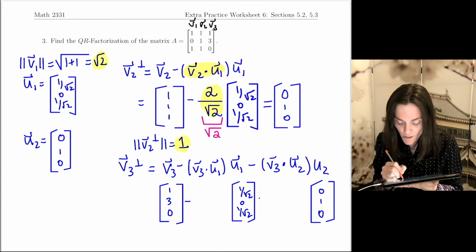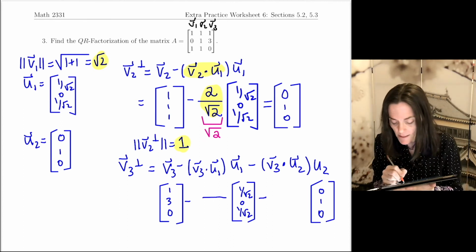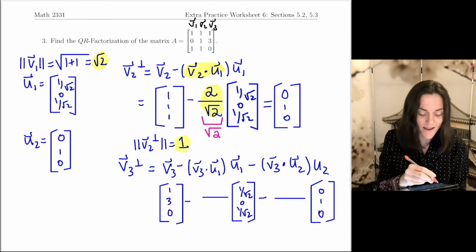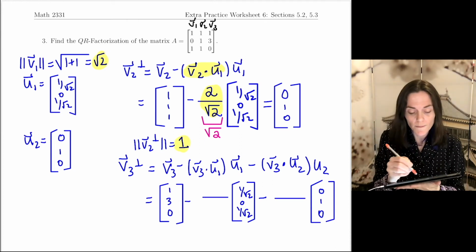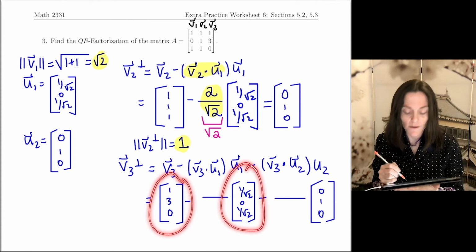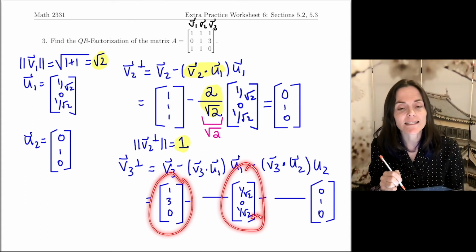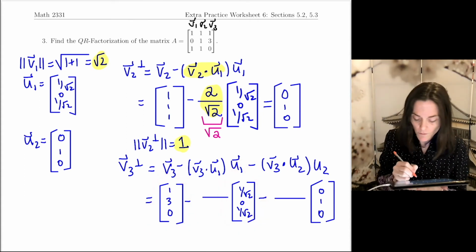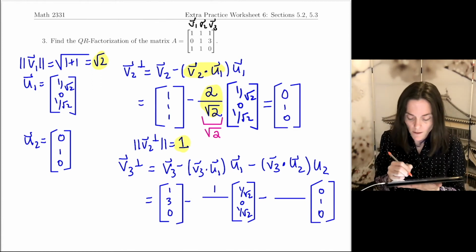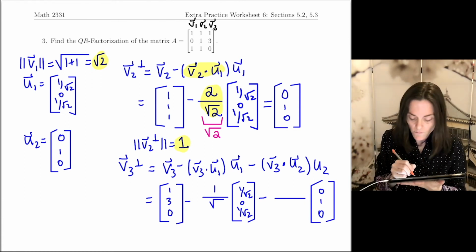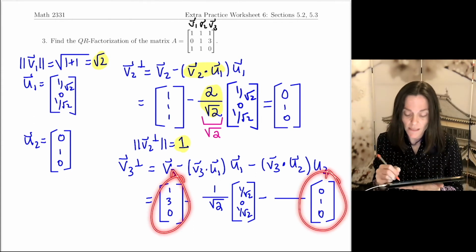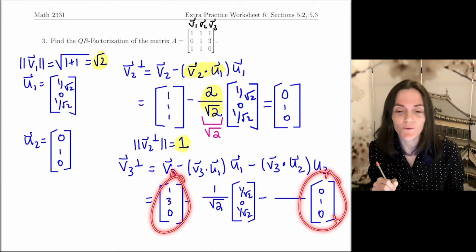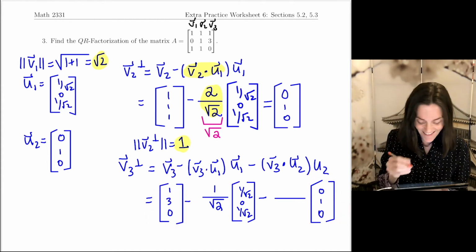And then I will subtract off. I need to calculate this dot product and this dot product. V3 dotted with U1. Well, it's here and here. You notice I just get 1 divided by the square root of 2. This is 1 divided by the square root of 2. Then we take V3 dotted with U2. You notice I get 3.